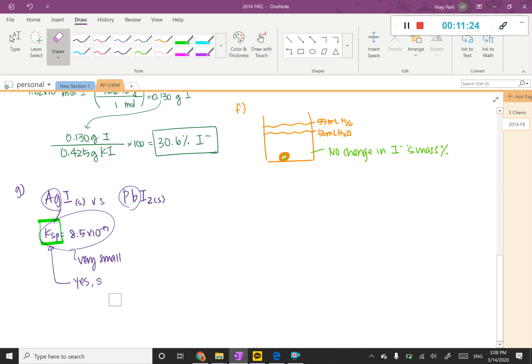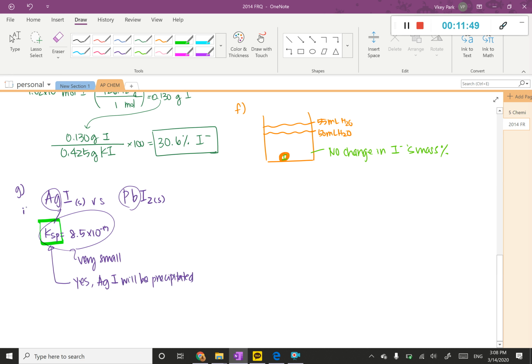So we say, yes, AgI will be precipitated, because the Ksp value is very small, and also because silver paired up with anything other than nitrate is always going to be insoluble.